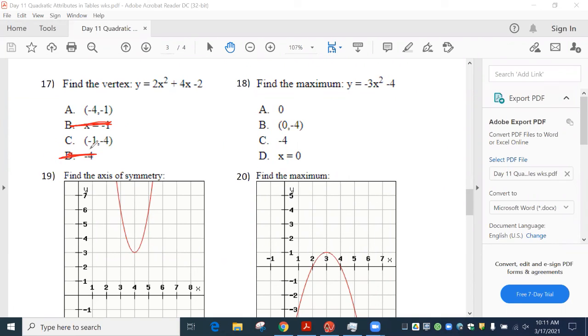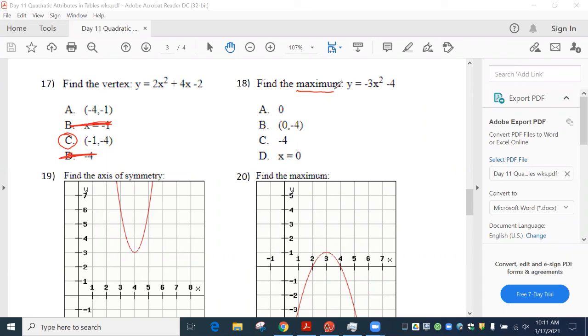So if you know vertex is X and Y, or know what min and max are, it makes your life easy. We should have typed this into the calculator and gone to the very bottom. I believe this one had a very bottom and the answer was C. So you type that in the calculator, hit menu 5-1, and then move it down to the very bottom.